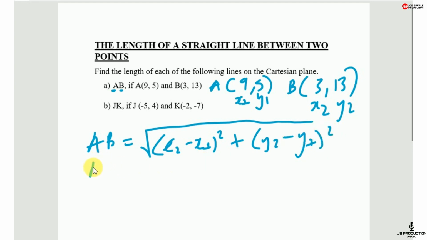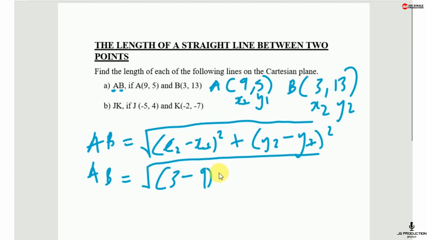So our AB will be equal to the square root. We know that our x2 is 3. So we're going to say 3 minus our x1, that's 9, squared, plus our y2 is 13. So we're going to say 13 minus our y1, that's 5.